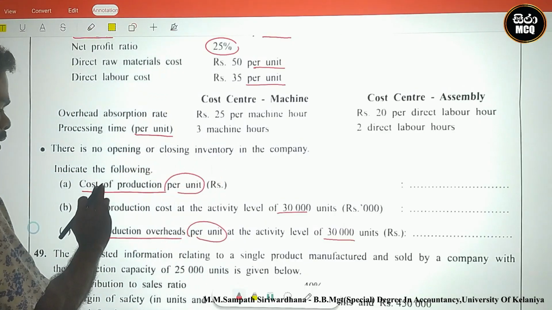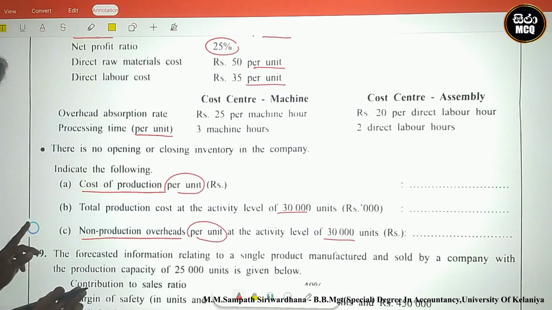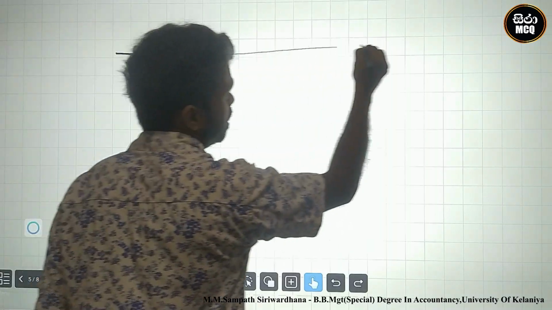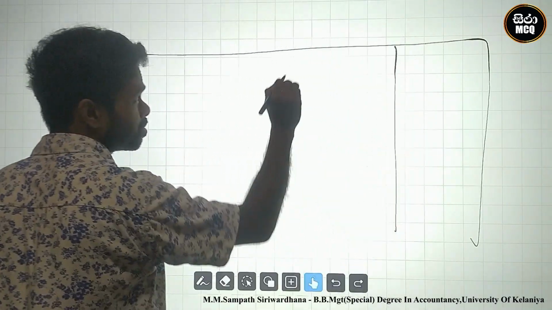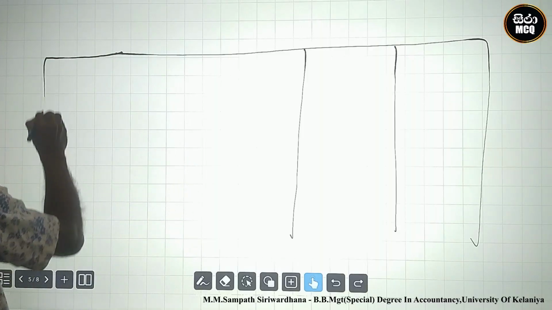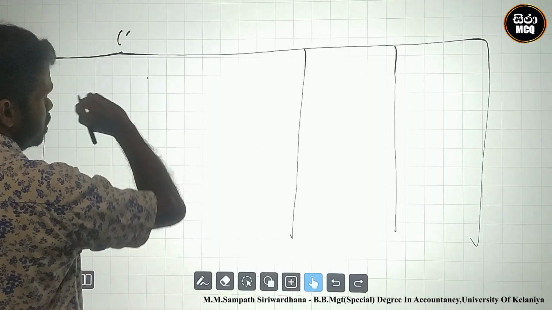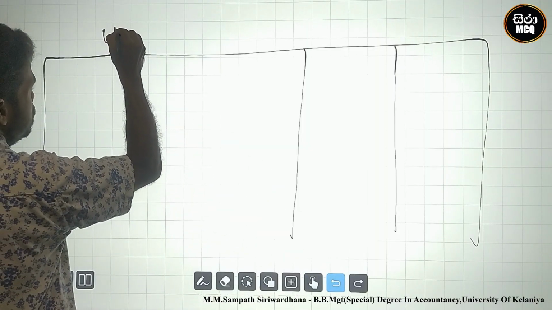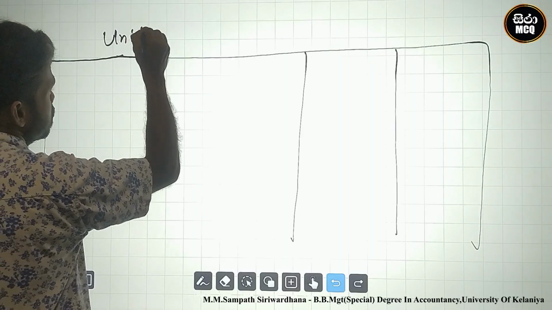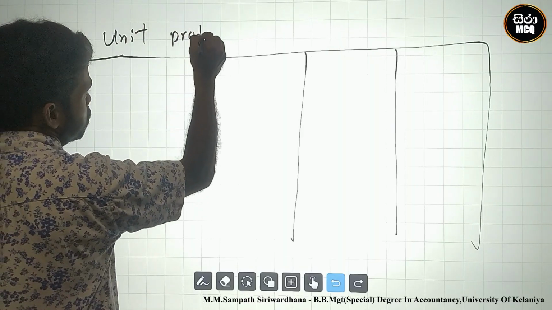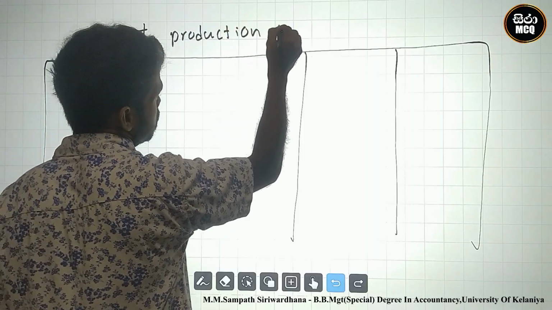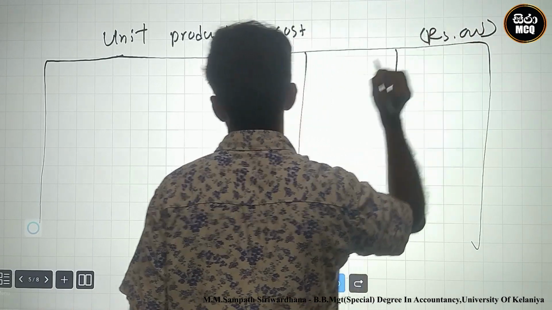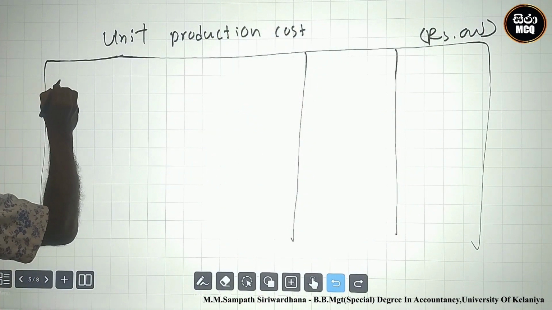Now, the total cost of production per unit. We can calculate this. I prepared a statement of unit production cost, in rupees. What is the structure?